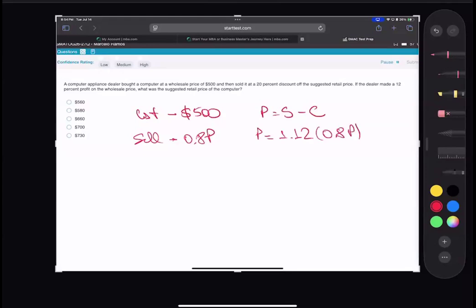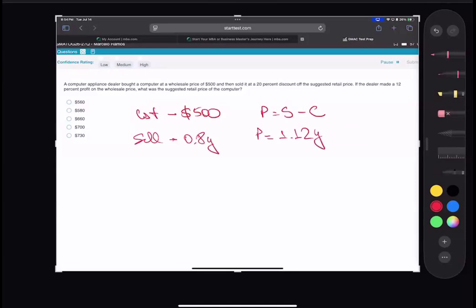Are you sure that is it? Wait. I don't think it is. No. Profit is 1.12 the wholesale price. Yeah, let me find another. I'll put Y here and Y here to not get confused.